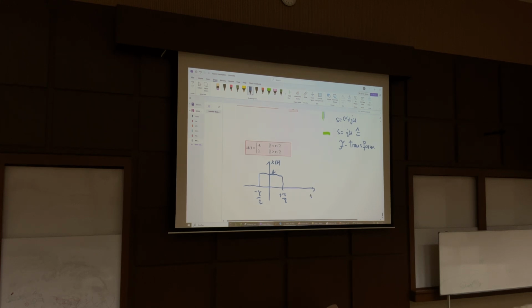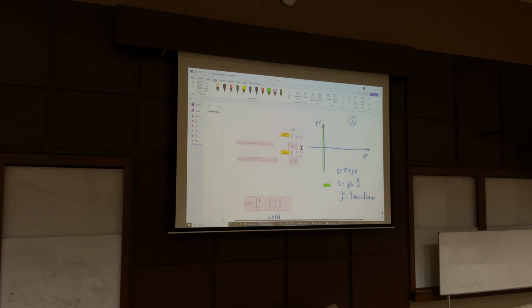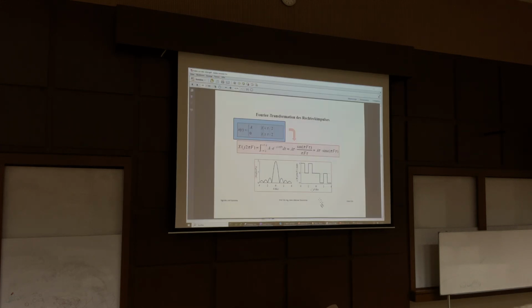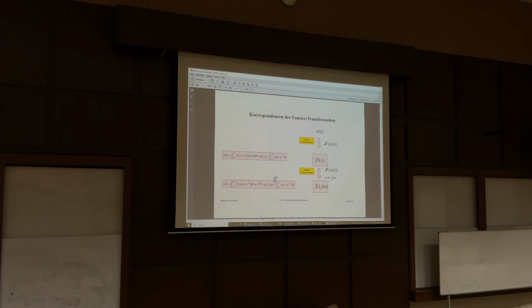And if you put this simple formula in here, that is very simple to calculate, because for my transformation, which generally goes from minus infinity to plus infinity over t, the signal does exist only between plus and minus tau half.